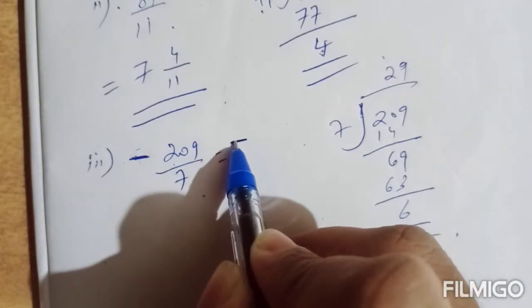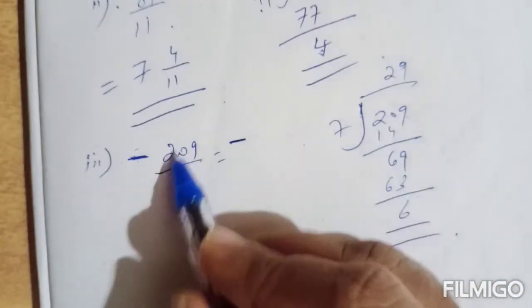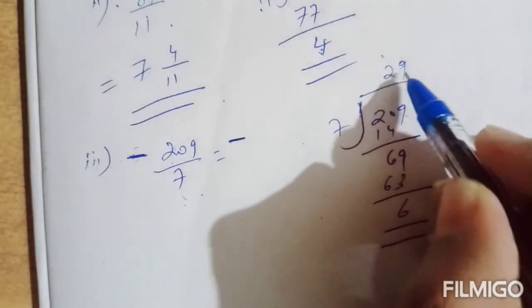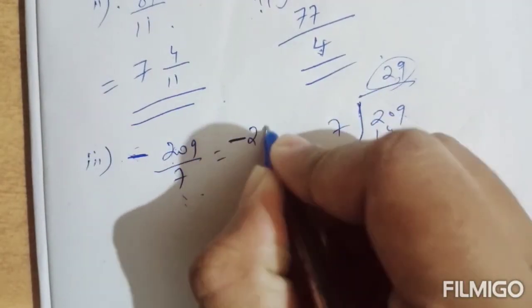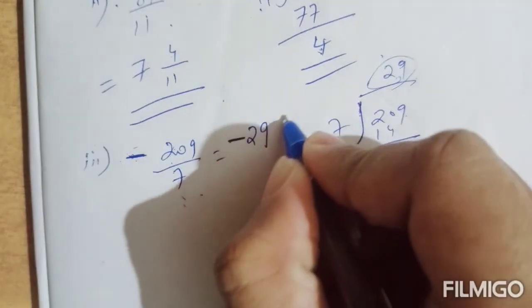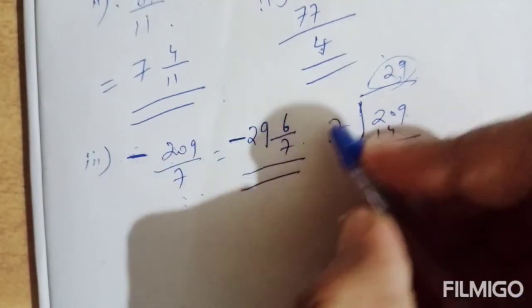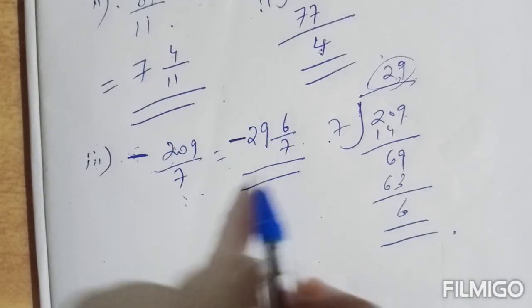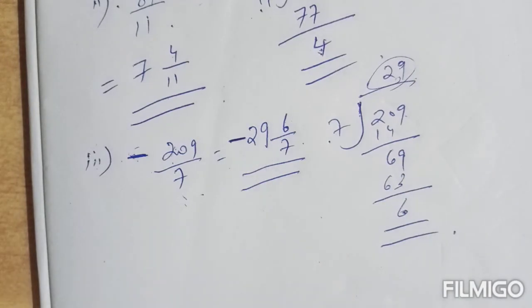Then 209 by 7 on converting to a mixed fraction: first write the quotient, that is 29. Then remainder by divisor, that is 6 by 7. So this will be the mixed form, minus 29 6 by 7. Okay, do the fourth one as homework.